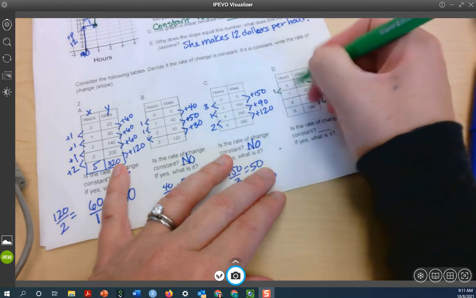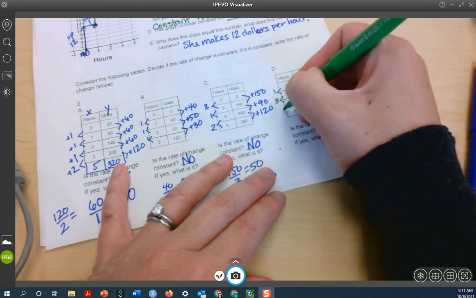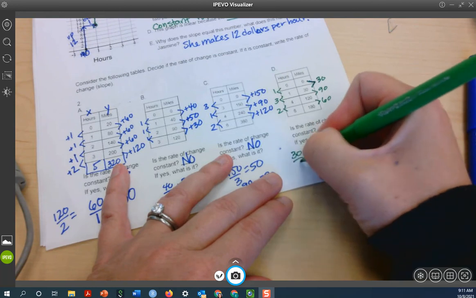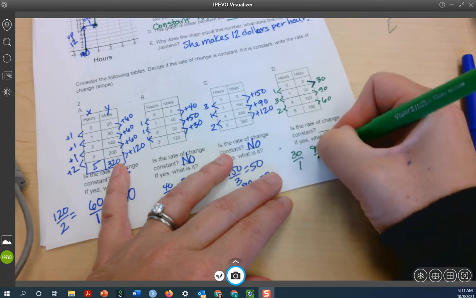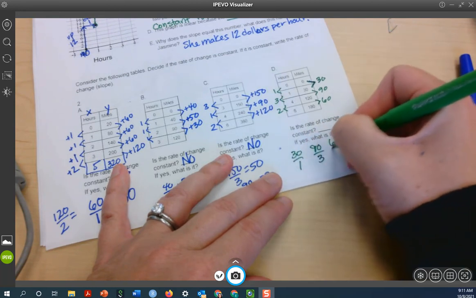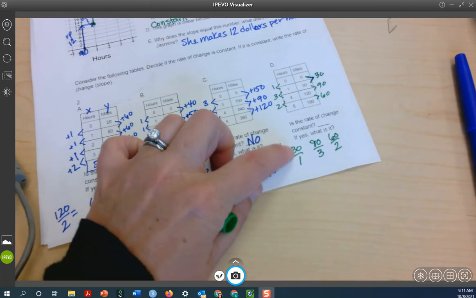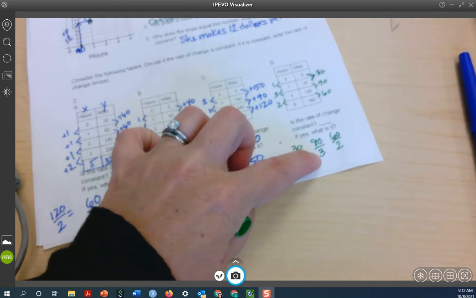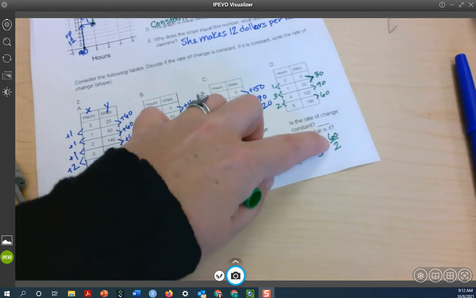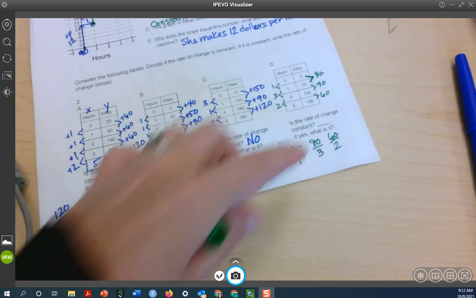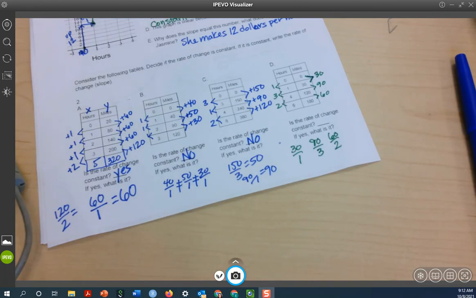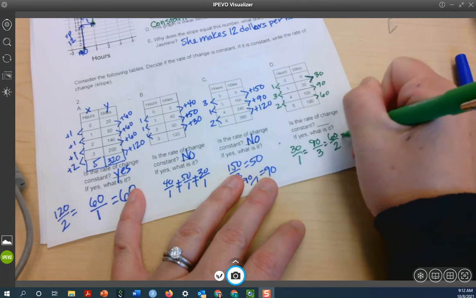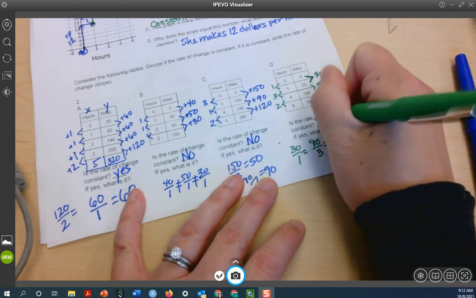And then this is 1, 3, and 2. So I have 30 over 1, 90 over 3, and 60 over 2. So 30 over 1 gives you what? 30, and 90 over 3 gives you? And 60 over 2 gives you? 30, so that was the tricky one, right? So since they all equal 30, it does have a constant rate of change.